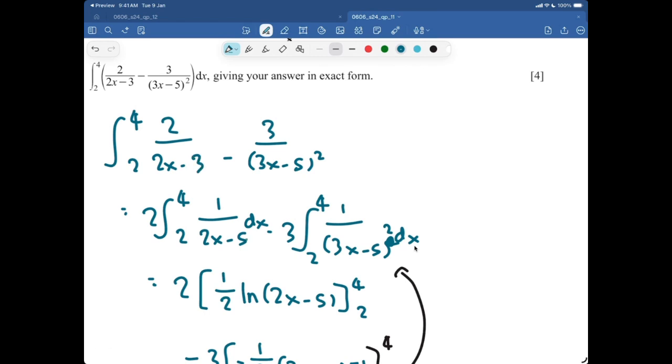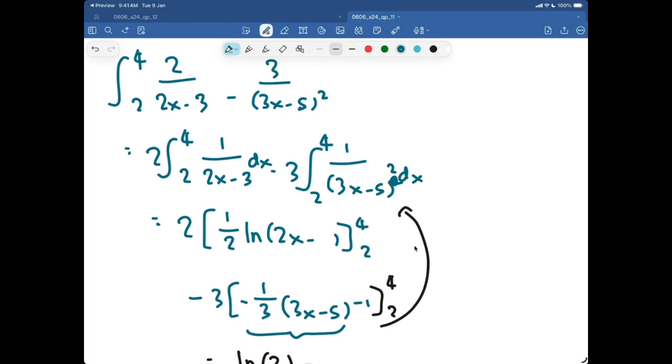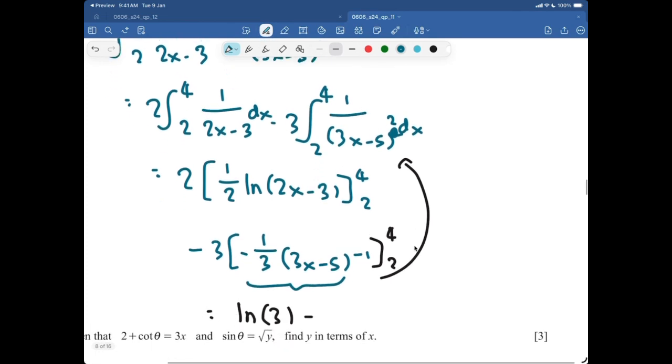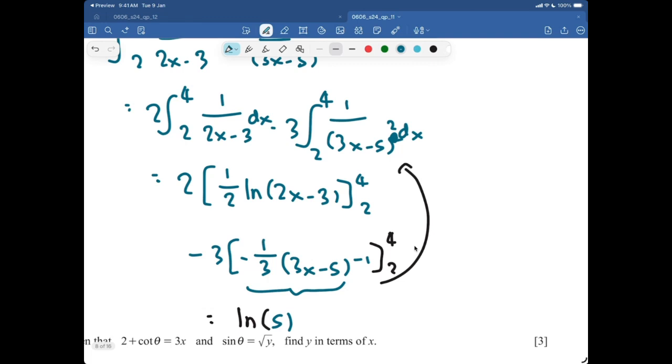If it were 2x minus 5, it would be undefined because you would have ln 0, which is not defined. So we have ln of 5 minus ln of 1, minus 3.